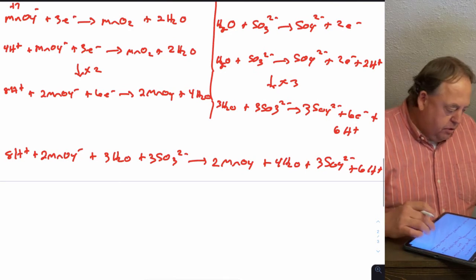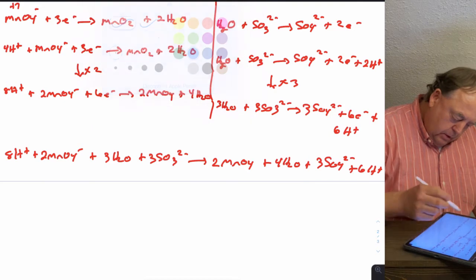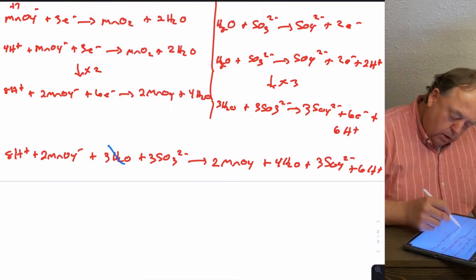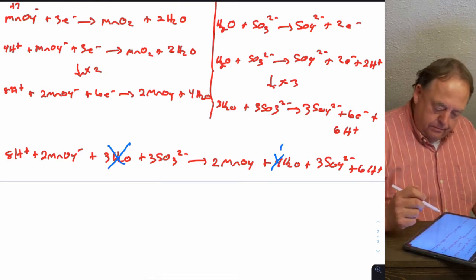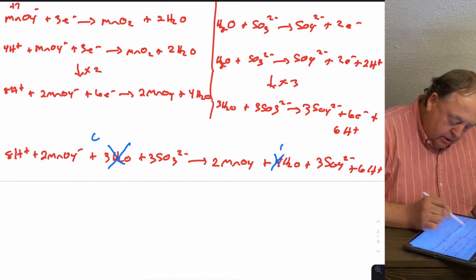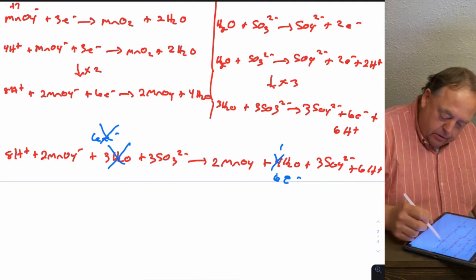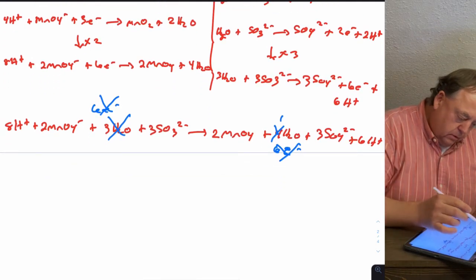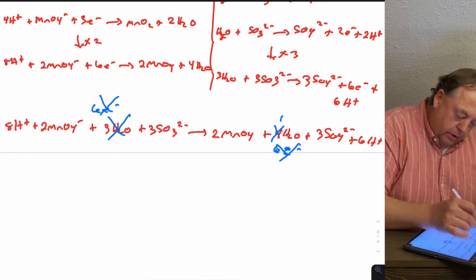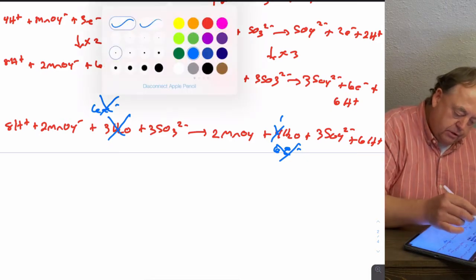Okay, so now what we want to do is cancel like terms. So we have 3 water molecules on the left and we have 4 on the right. So we can cancel 3 of those and only leave 1 left on the right. And then we would have had 6 electrons here and 6 electrons here. And then we would cancel those as well. And so now we can rewrite this equation after we've done the cancellations.